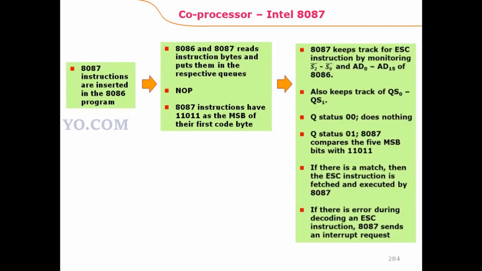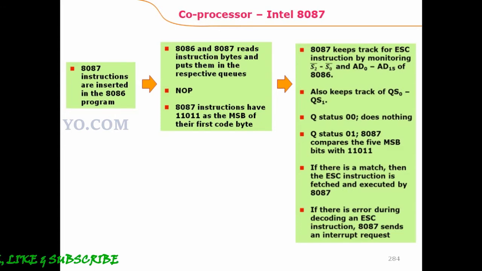The 8087 keeps track of escape instructions by monitoring the status lines S2, S1 and S0, and the address and data lines of the 8086.